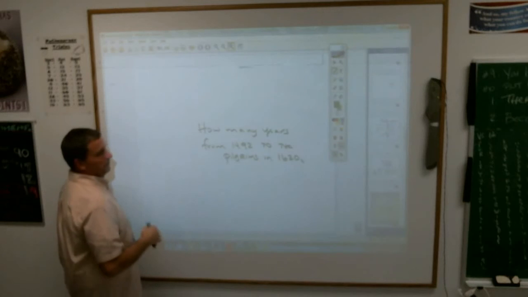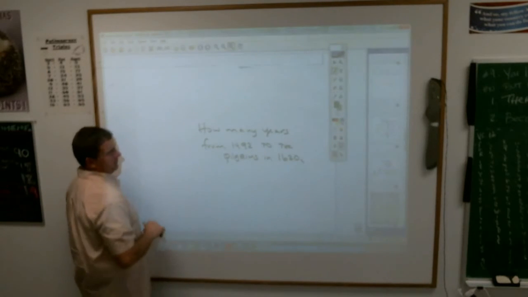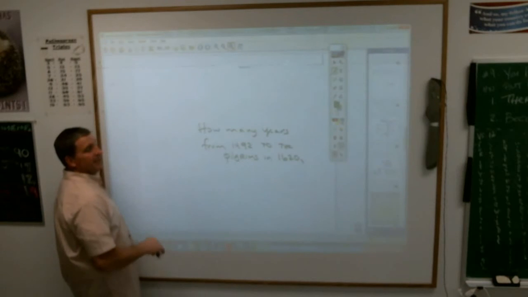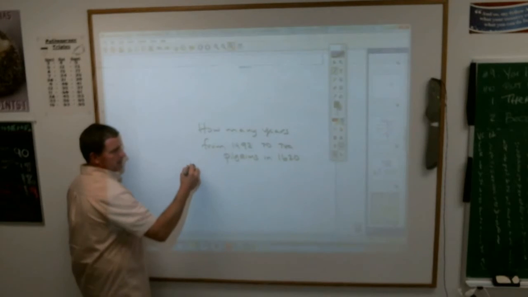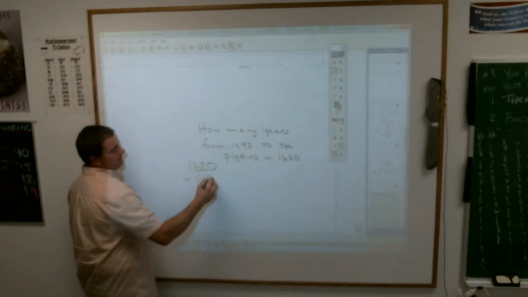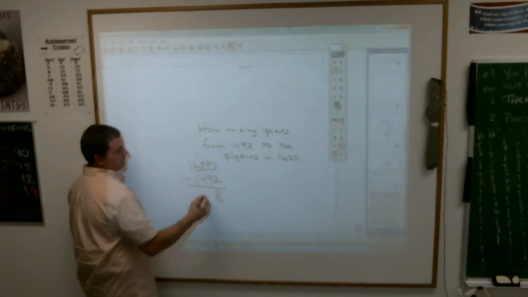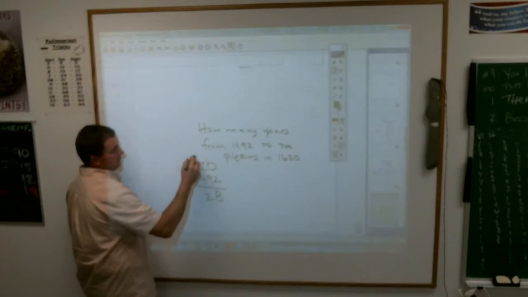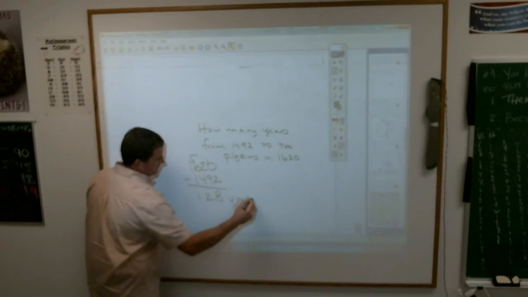And if you're looking for the difference, you're comparing those times by asking how many more, how many less. Which number has to go on top? The greater of them, which happens to be 1620 minus 1492. And the subtracting there is 128 years.